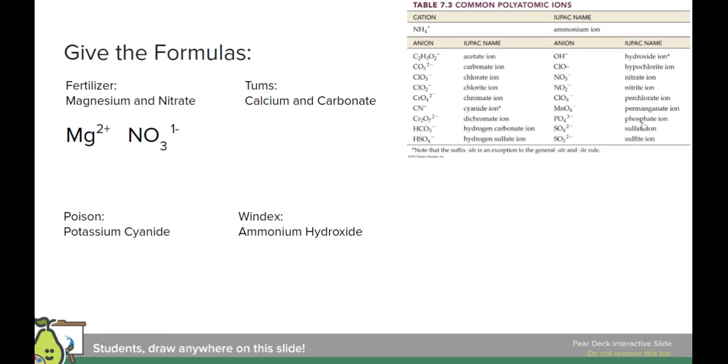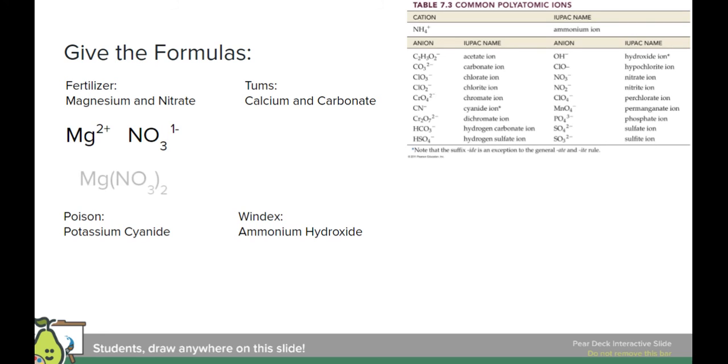Same thing with sulfate and sulfite. But here I'm going to use nitrate, NO3, and it's a 1 minus. Remember, just because they don't put a 1 there, there's a 1 there. I like to put the 1, just my own personal preference. Now I'm going to do the crisscross method, and this 2 is going to come down here. But I need to first put this whole thing in parentheses.